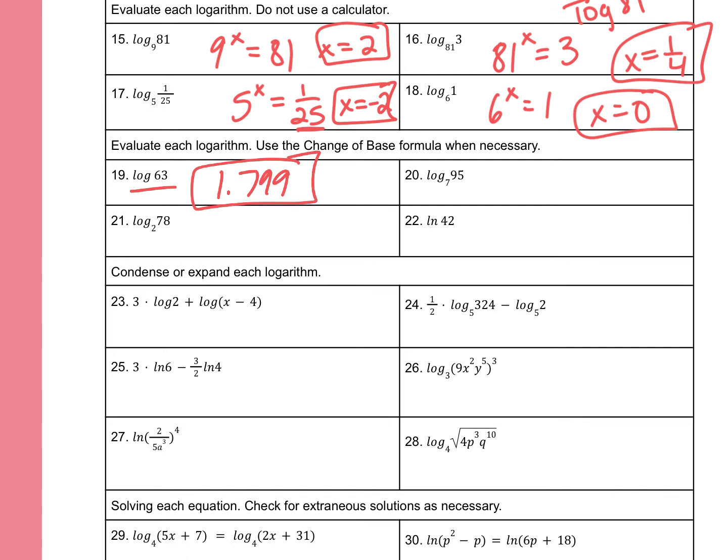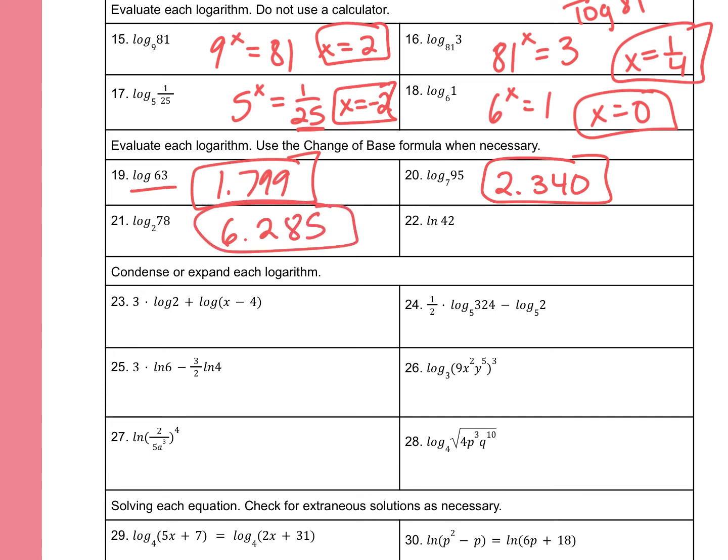When we go to 20, I would type in log base a divided by log base b, so log of 95, close parenthesis, divided by log 7. And I get 2.340. Cool. And then log of 78 divided by log 2, 6.285, that works.